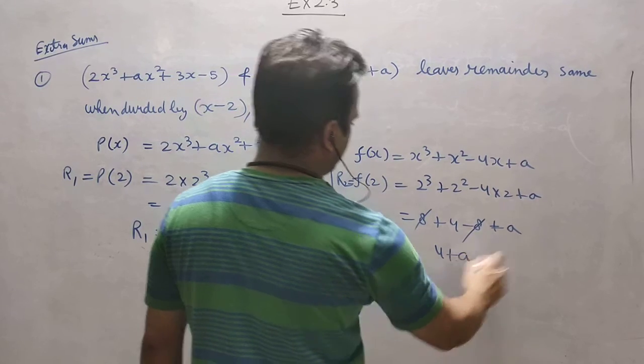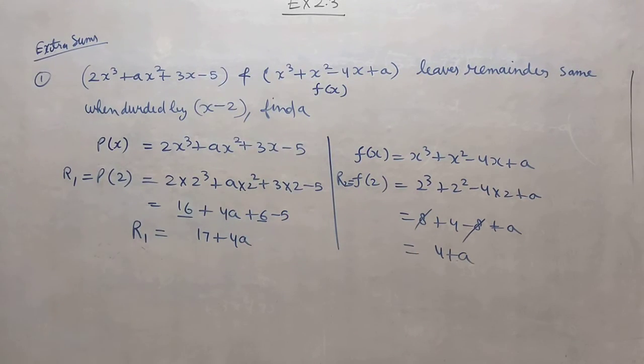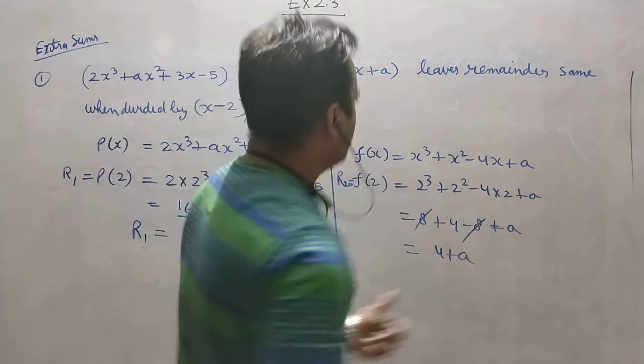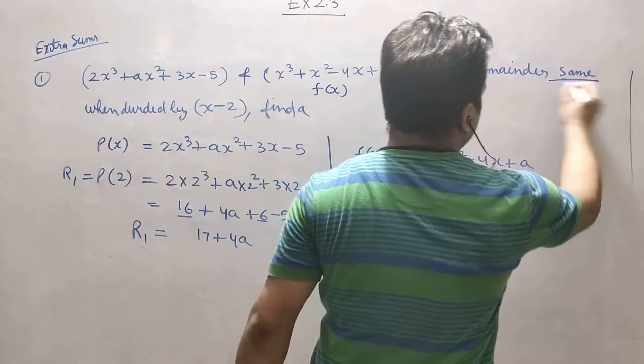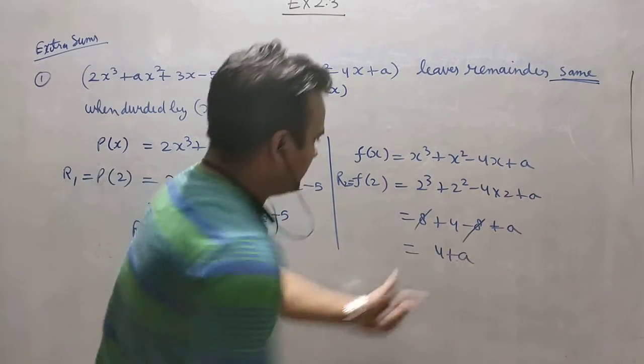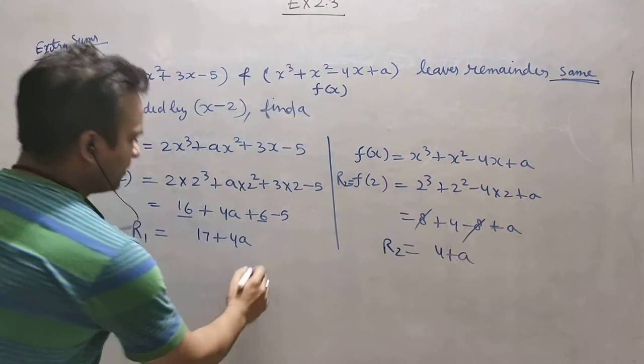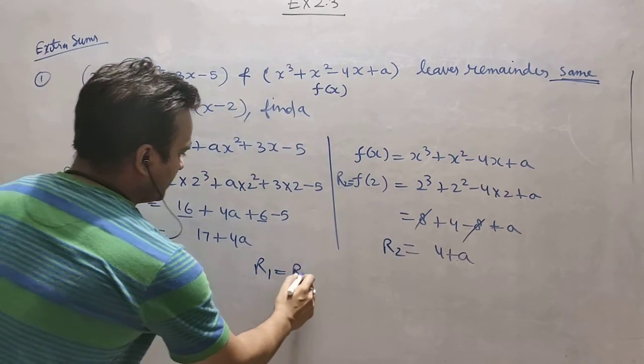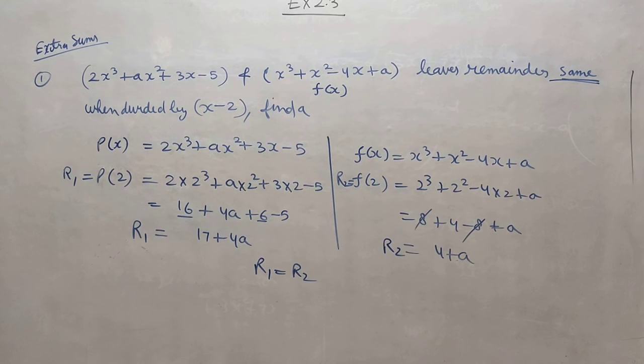So it is 4 plus a. So from the second polynomial we are getting remainder 4 plus a. Both are coming in the form of a, but according to the question both are leaving the same remainder. It means this remainder and this remainder will be same, right? So r1 will be equal to r2, right?